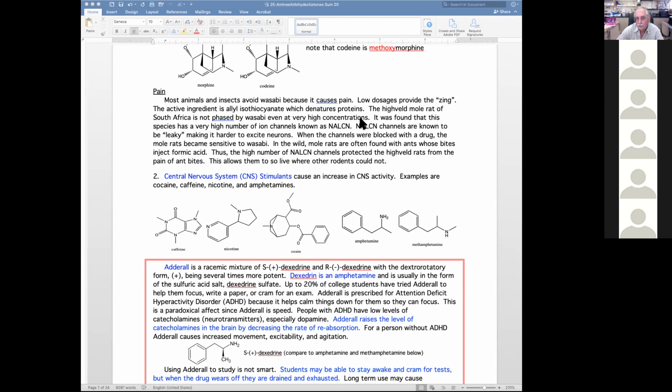What they found is that it has a very high number of ion channels known as nausin, and these are known to be leaky, making it harder to excite the neurons. So in other words, the mole rat has neurons that are adapted to eating kind of like nasty stuff.